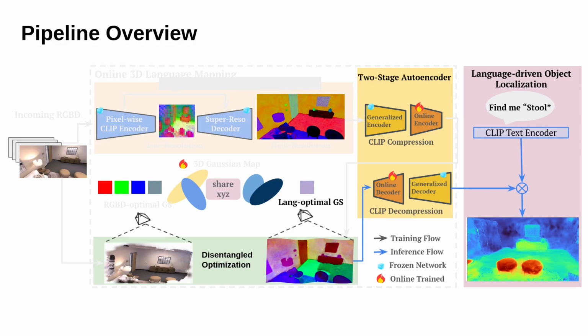When the user queries a text, we render the language map and pass it to the decoder to recover the full CLIP dimensions, and then compute the similarity between the text and the feature map to find the object.